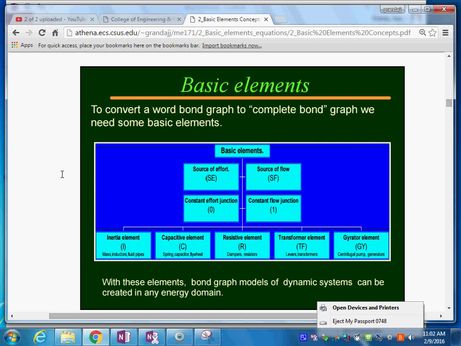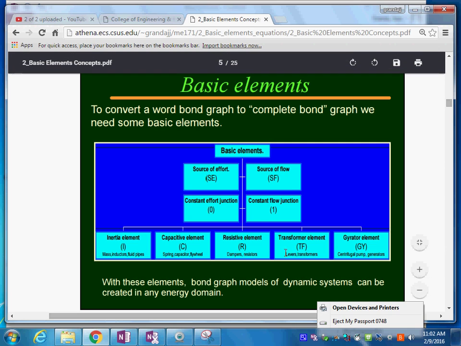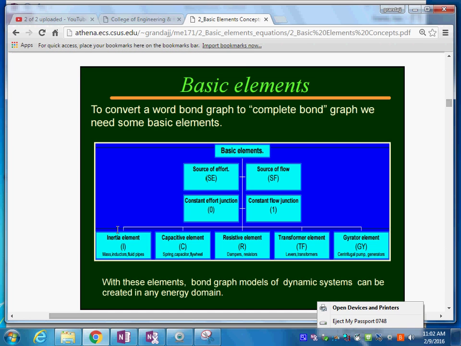other elements. The first element is called an I element, which is the element that allows us to store kinetic energy. The second element is the C element that allows us to store potential energy.